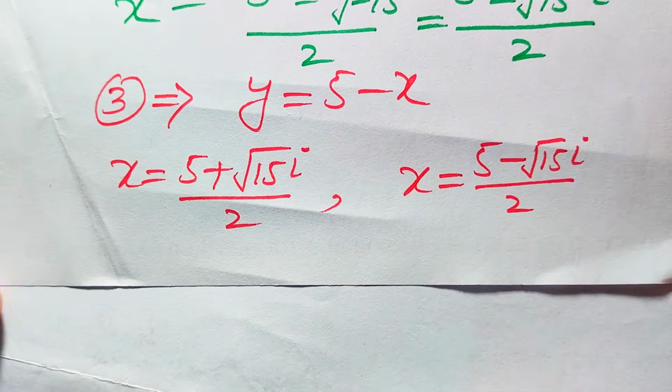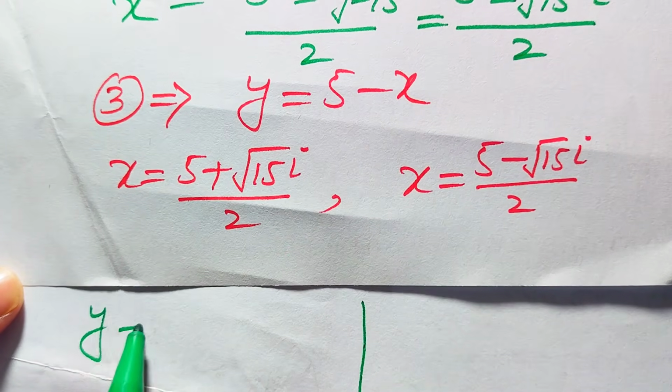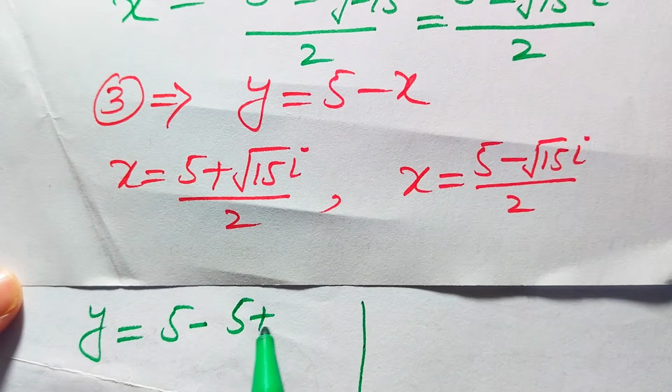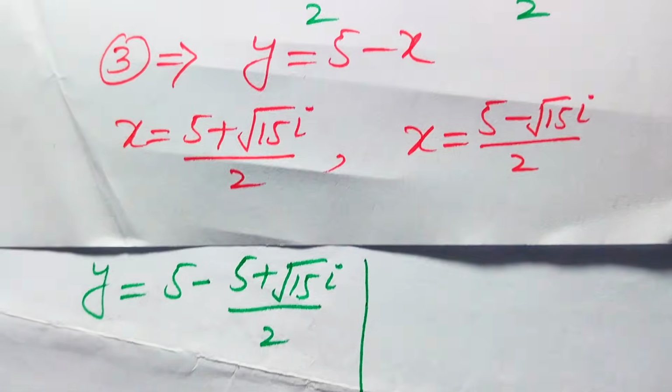Now we substitute both of these values of x into the above equation, and it becomes y is equal to 5 minus x. The value of x in this case is 5 plus square root of 15 iota, divided by 2.